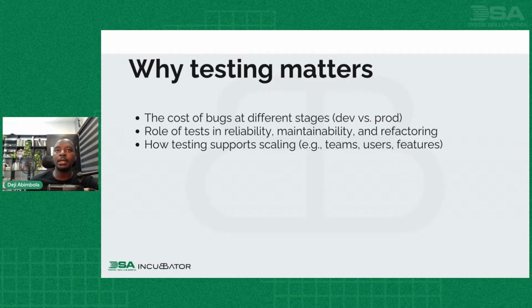Another aspect is that you gain confidence to refactor, and you gain confidence to ship faster. Yesterday we were talking about the shipment cycle. When I say shipment cycle, I mean the cycle at which software is updated and then delivered to the customers.